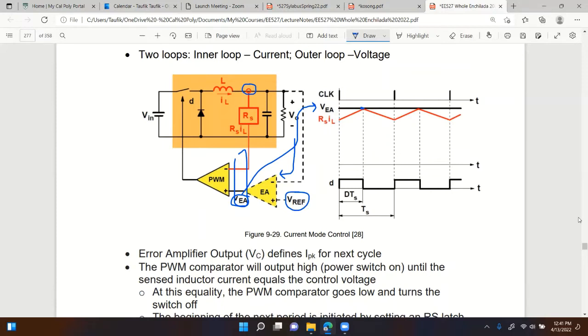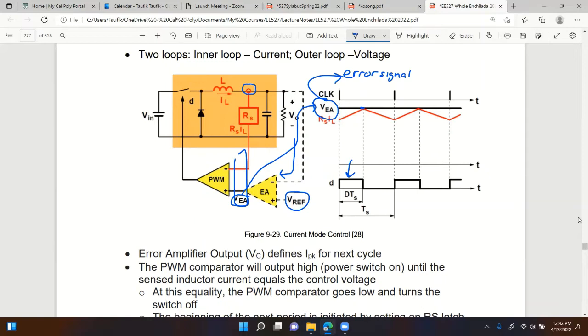As long as the inductor current, which is represented by this voltage, IL times RS, is less than the error signal, then keep the switch on.